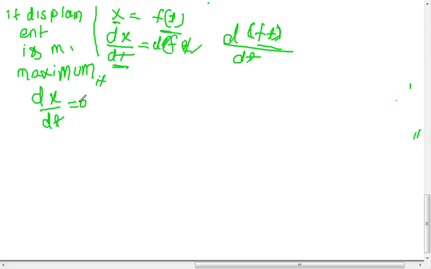And what is dx by dt? If you look at this, this is the velocity.